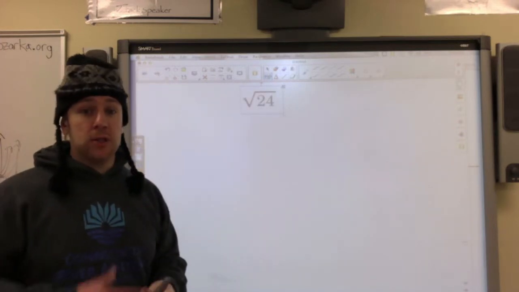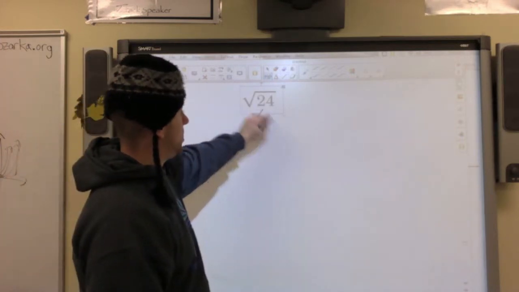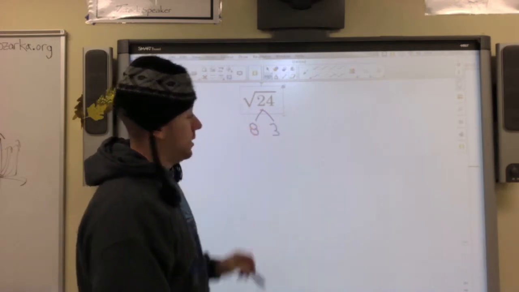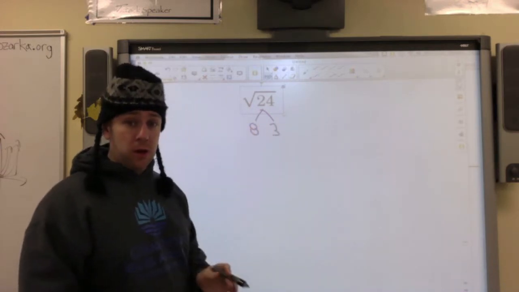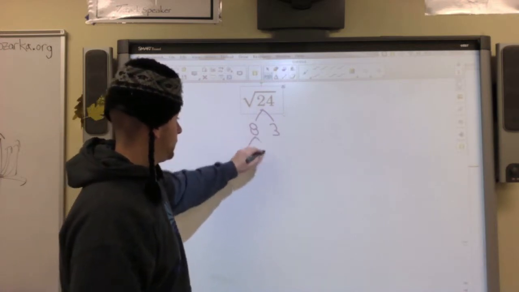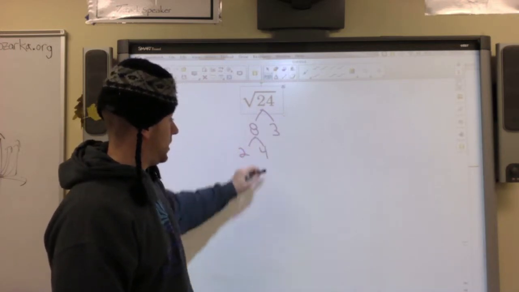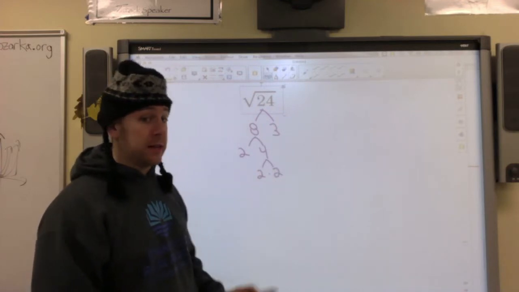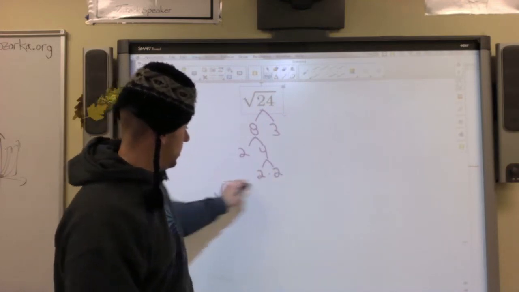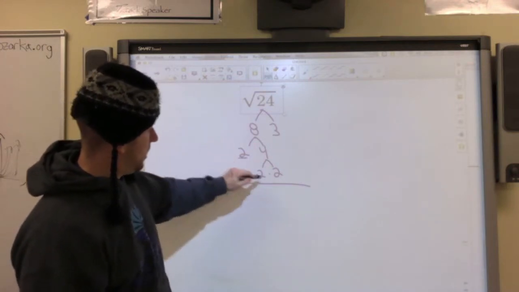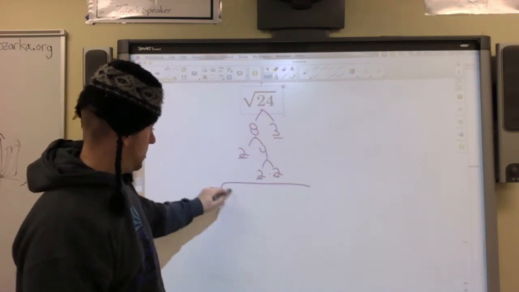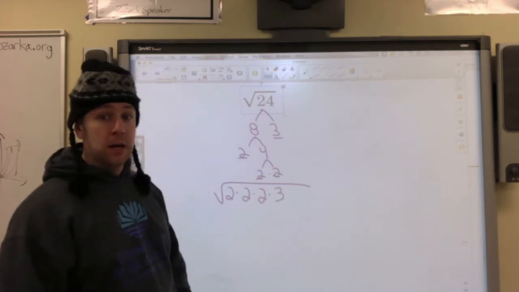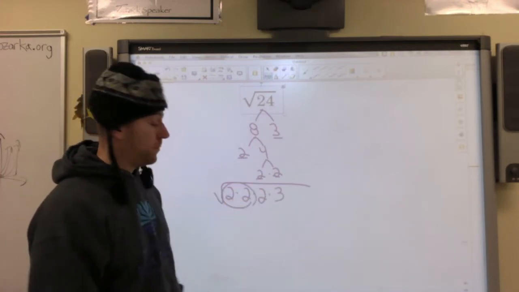The next step is just a pure number. Again, I just break it down. I find it easy if I just do all the prime factorization. And I just break down all the numbers, and then I leave them all in the square root. So each end of the branch gets put in. I then look for pairs.